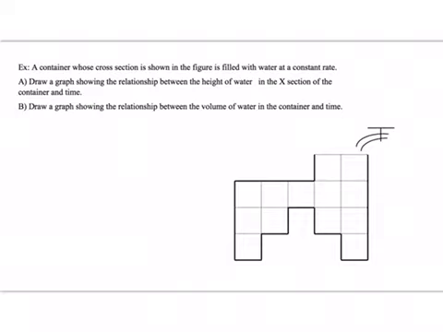In this question we have a container. It is filled with water at a constant rate. That means equal volumes of liquid in equal time intervals, and the relation between the height of water and time is asked as a graph. Now, as the segments are equal, each segment can be filled in the same time, let's say t.